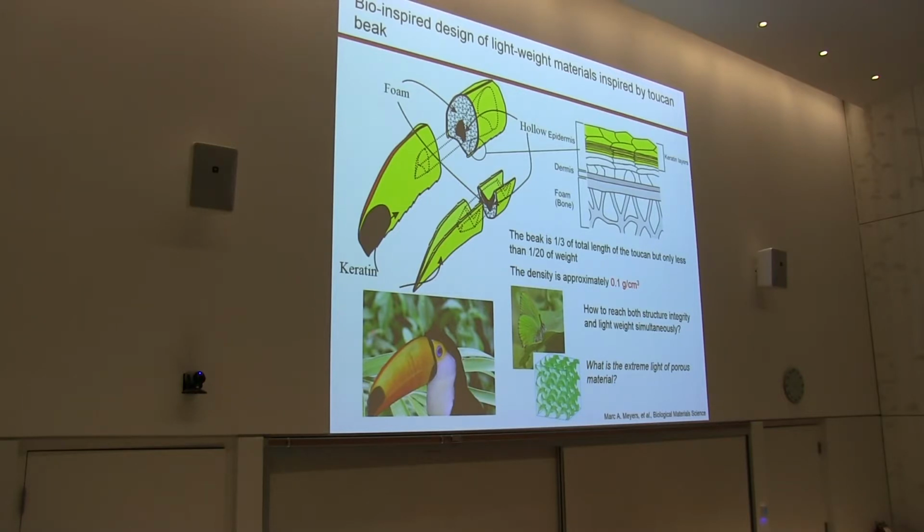If it's lighter than air, can we create a balloon filled with this solid material that can self-fly? But if it's light enough, we also need to consider the mechanical property, because the atmosphere may crush it if it's not strong enough. So I wanted to do a theoretical calculation for the extreme lightness of this kind of porous material.